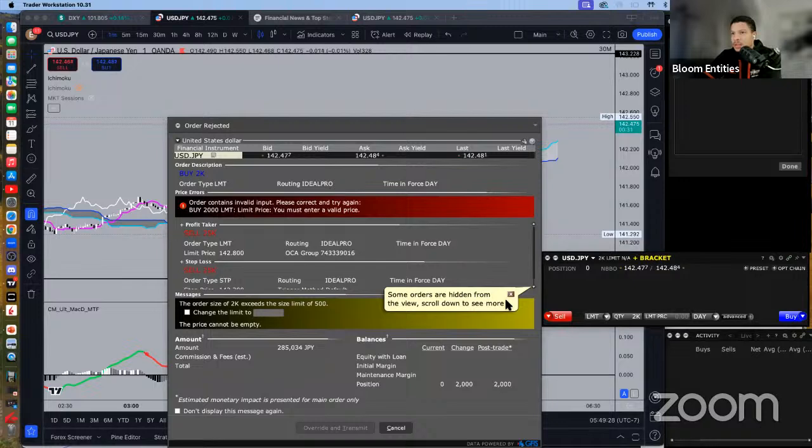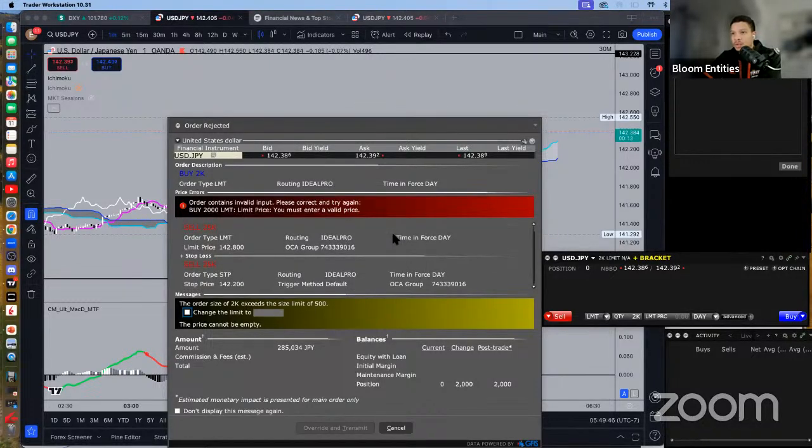Okay, order size exceeds the limit size of 500. Okay, so what this is telling me is the order that I'm putting in is too large.